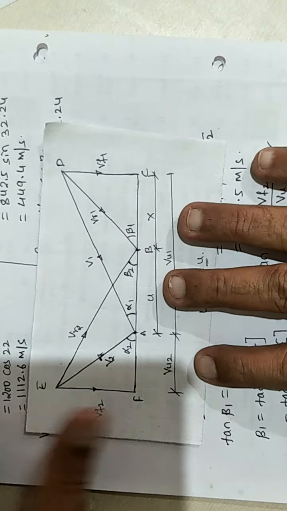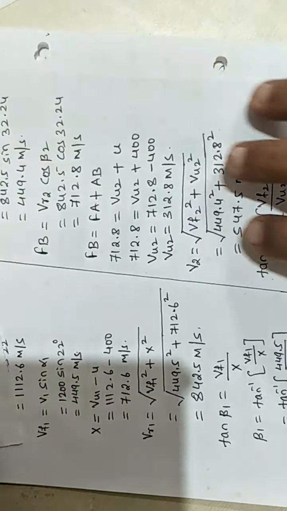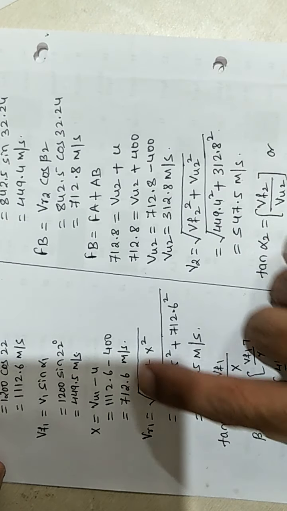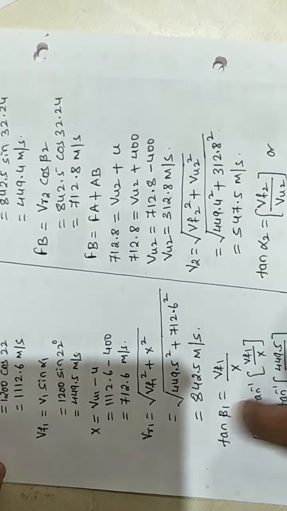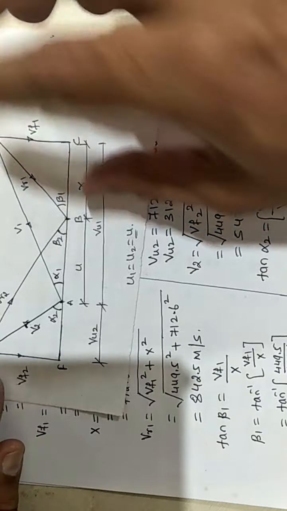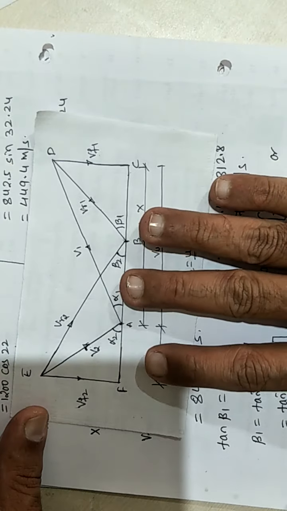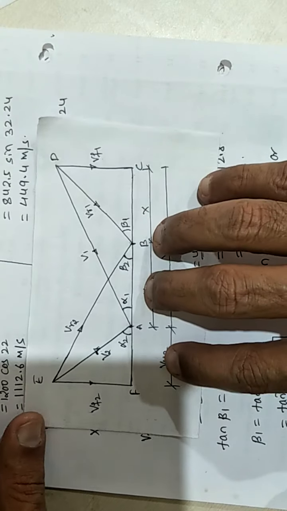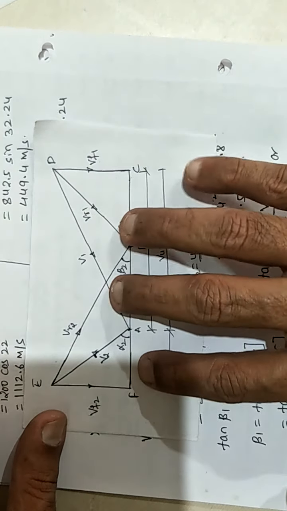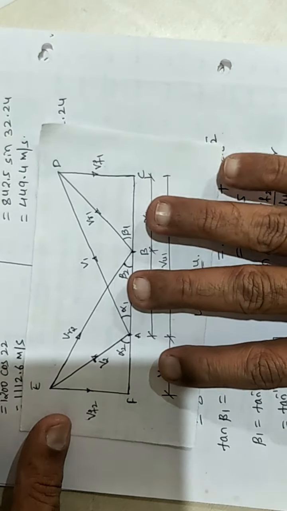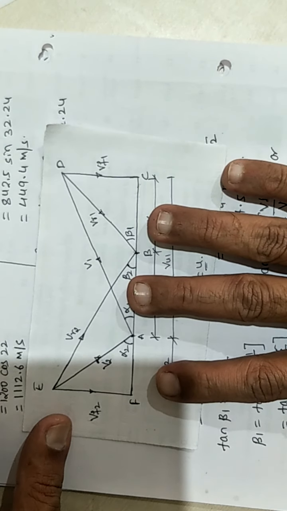Here, with these values that we have obtained, that is Vu1, Vf1, I am going to draw the velocity triangle with the scale. This velocity triangle is only for our reference, because we need to generate the trigonometric equations as well as some geometric equations. For that purpose I have used this velocity triangle.